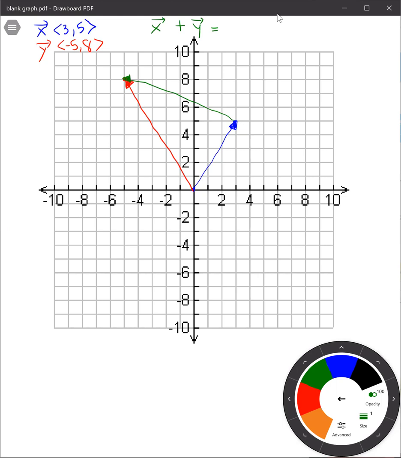Can someone give me the component form of the resultant vector x plus y? So from the initial point, how many units did you move? And first, do you move to the right or the left? Thank you, Trung An, for trying. Anyone else?